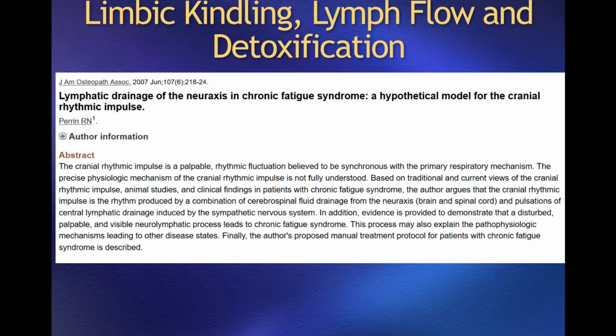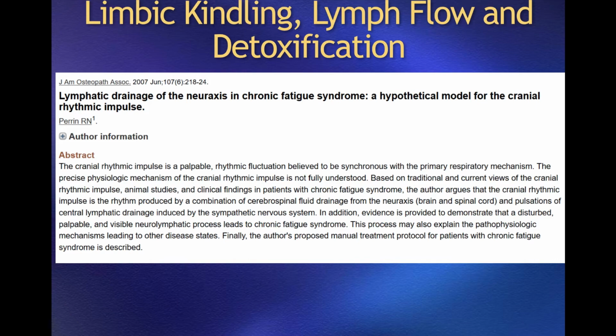It's important to note that stress and limbic kindling directly impacts lymph flow and the ability to detoxify. This is a paper by Dr. Raymond Perrin, who's an osteopath who works specifically to get lymph flowing again. And he's found that when there's a chronic imbalance in the stress response, the sympathetic nervous system, which creates some rhythmic pumping to keep the lymph flowing, gets disordered.